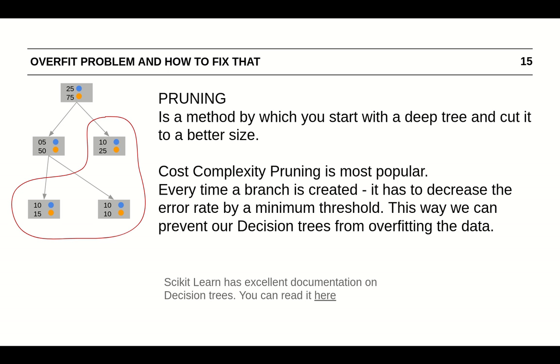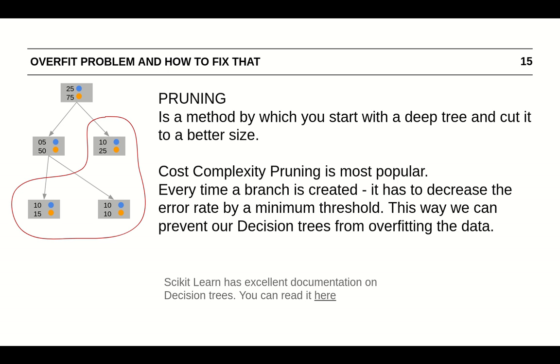One of the ways and techniques by which we can prevent this is called pruning, and this is the most commonly used approach. Pruning is a method by which we start with a very deep tree and then we cut it to an appropriate size. Pruning uses a concept of cost complexity.